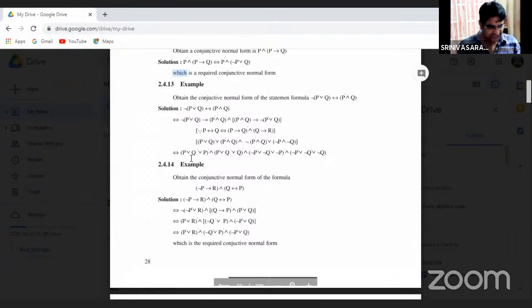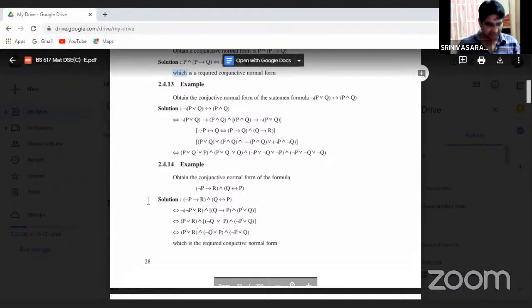Now, in between these propositions, we have to express the disjunction: P or Q, and negation P or negation Q or negation P. This is the relation of this one. Now we have to apply the negation of this part. That is the second condition of CNF. And negation P or negation Q or negation Q. This is the final expression which is defined from the above consideration. This is the conjunctive normal form.